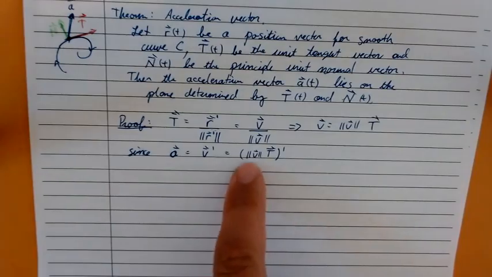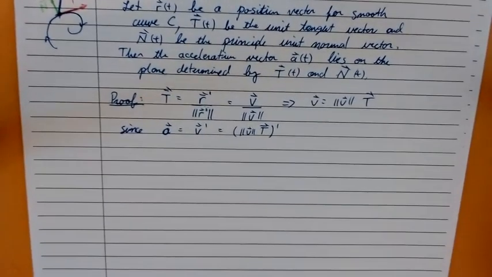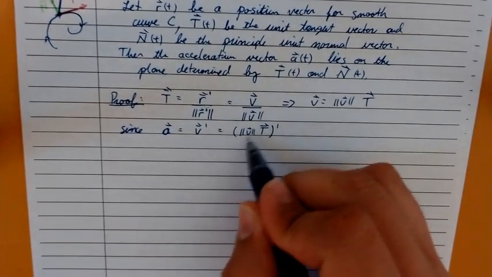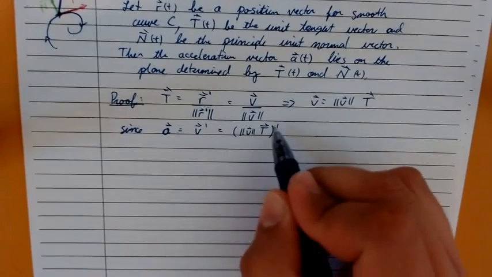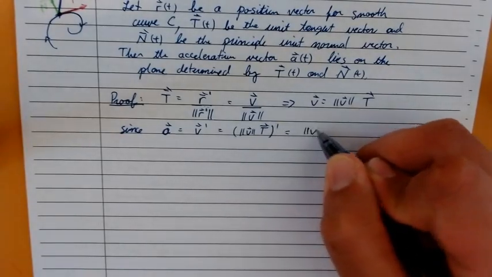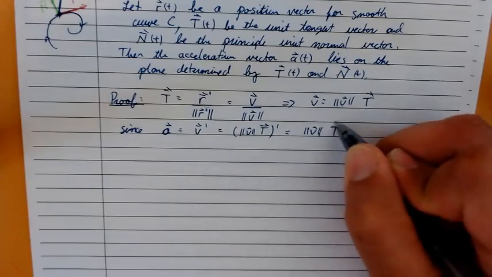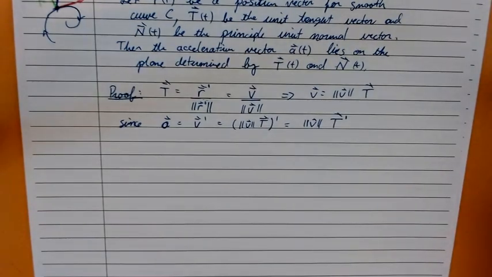But of course, when you take the derivative of a scalar times a vector, you're just using the linearity, meaning, remember, that's just the regular number. You can always pull it out and take the derivative of just this part. So the linearity property of the derivative allows me to say that's just the scalar times the derivative of the vector. So that's magnitude of v times t prime.